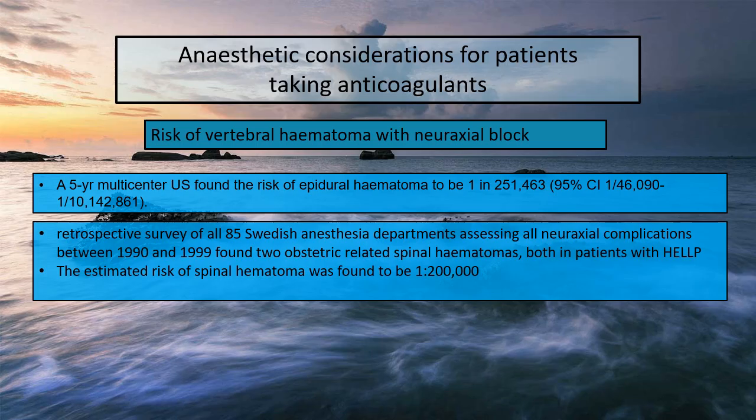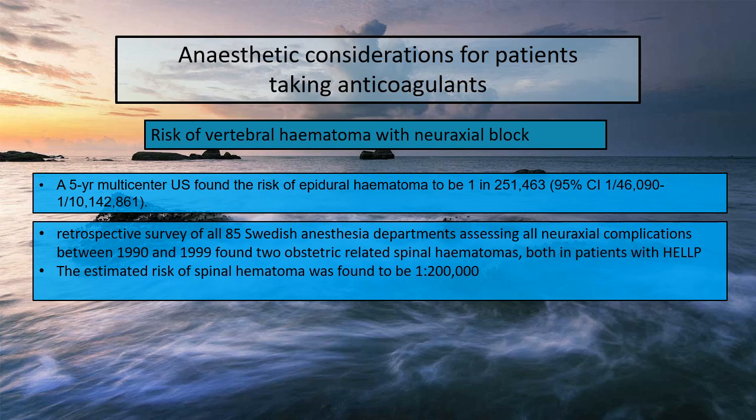Although the risk is difficult to quantify given its rarity, the reported frequency in obstetric patients also varies widely. A 5-year multicenter US dataset with a self-selected cohort found the risk of epidural hematoma to be 1 in 250,000.